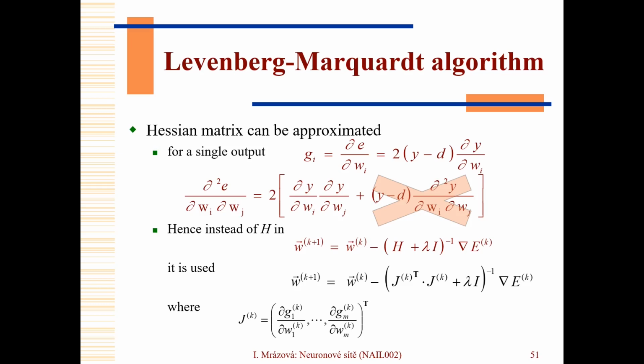So the new weight w at iteration k plus 1 shall be computed as the previous weight at iteration k minus the inverse matrix that will be computed as a product of the two Jacobians, J at iteration k transposed and multiplied by J at iteration k, plus lambda times identity, and this inverse matrix shall then be multiplied by the gradient vector for the error function, capital E, at iteration k.